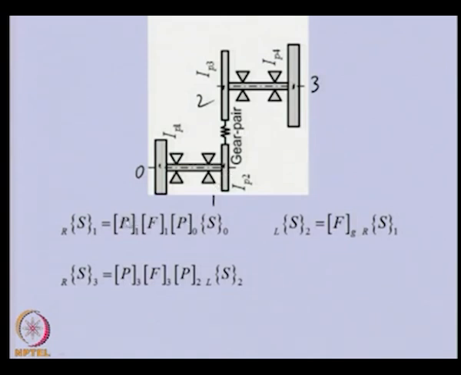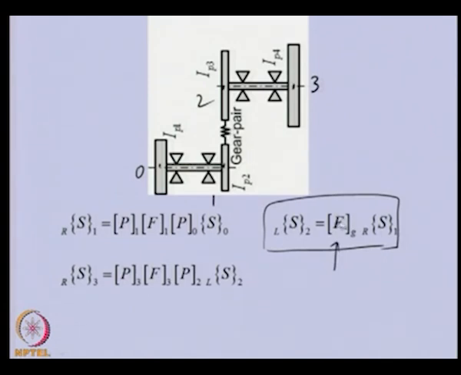This we are already conversant with, how to relate the state vector at the two ends. Similarly, the right of 3 and the left of 2 we can relate using this, and in between, the right of 1 and the left of 2, let us say we have this relation where F is the field matrix corresponding to the linear spring.